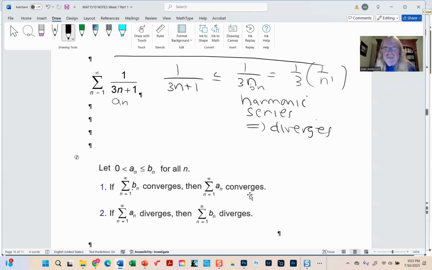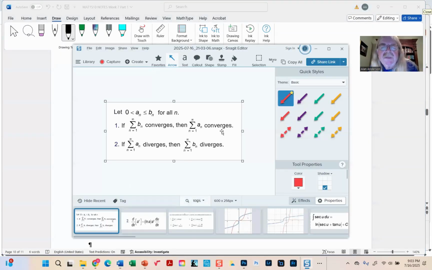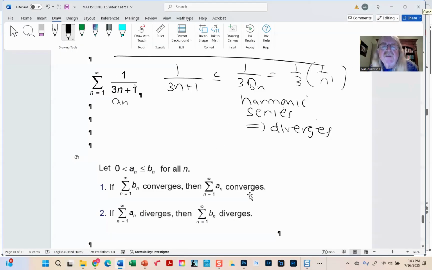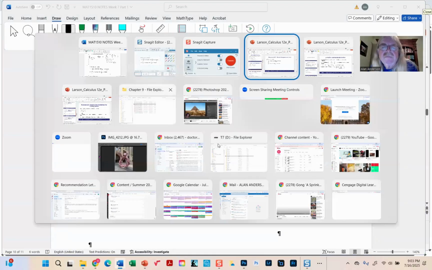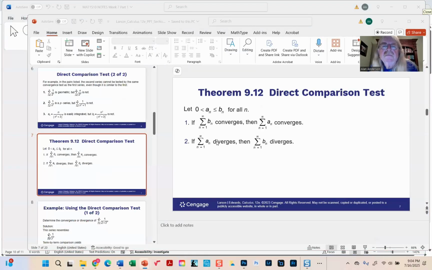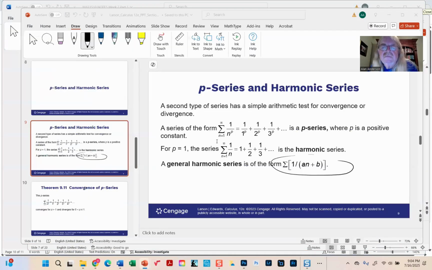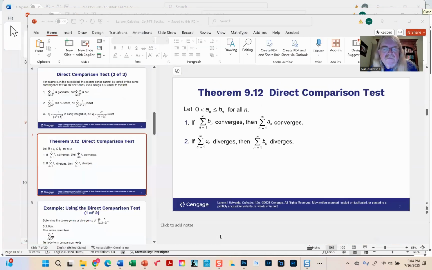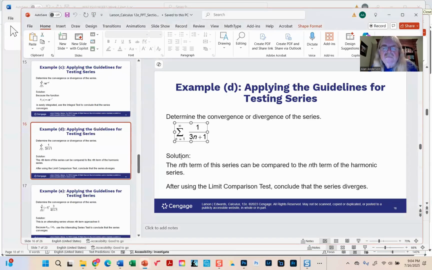So I guess we have to conclude from this that this 1 over 3n plus 1 diverges. Yeah, it does diverge. Okay. Because the harmonic series diverges, so this one diverges as well.